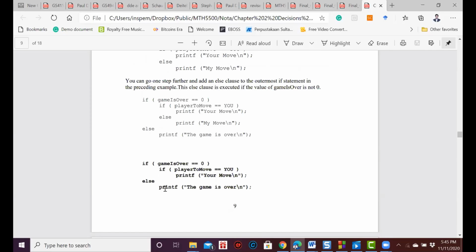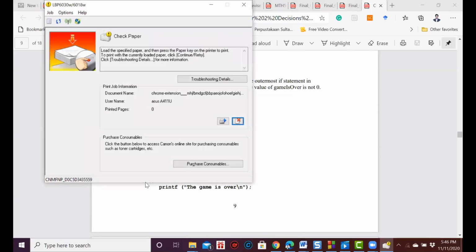look, this else seems to belong to the first if. But in reality, the logic in C is that it belongs to the inner if. So please be careful.